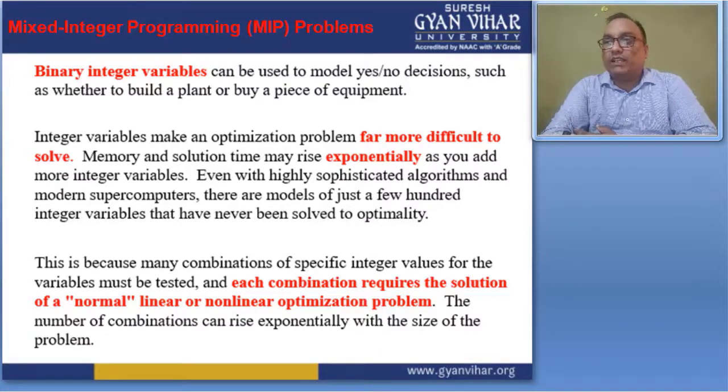Each combination means binary values, like 0, 1, 0, 1, and each combination requires the solution of a normal linear or non-linear optimization problem. Means each set, 0 and 1, or any one constraint set. Here different types of constraints are given in this problem. So one constraint set of solution.